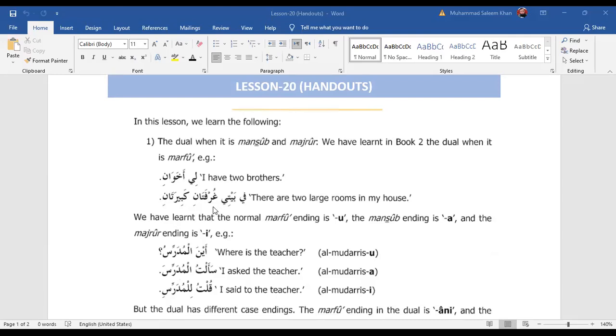Fi bayti ghurfatani kabiratani. There are two large rooms in my house. Again, fi bayti is khabar, and ghurfatani kabiratani is the mubtada. Again, we know that fi bayti is jar majroor, and jar majroor will never ever be subject. It will always be predicate. What do we call it?